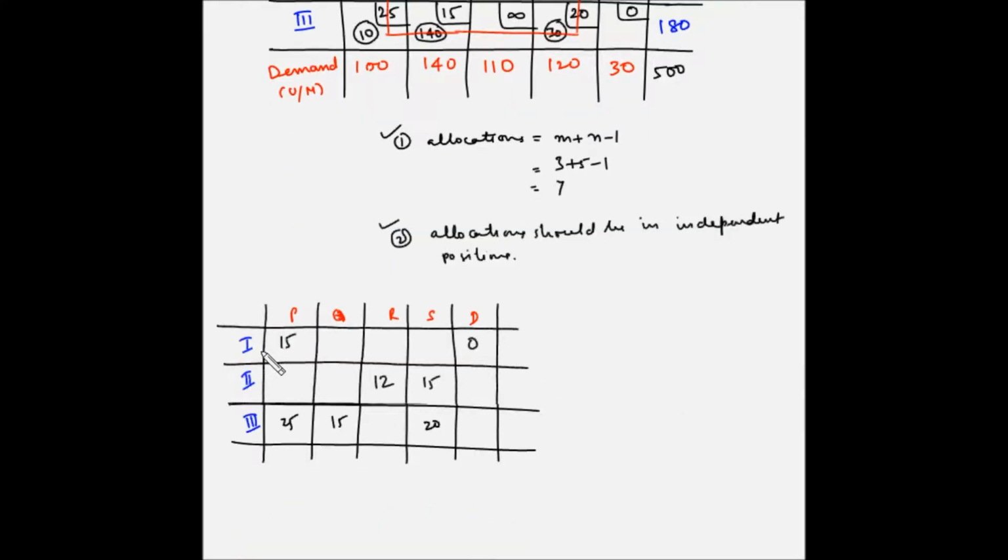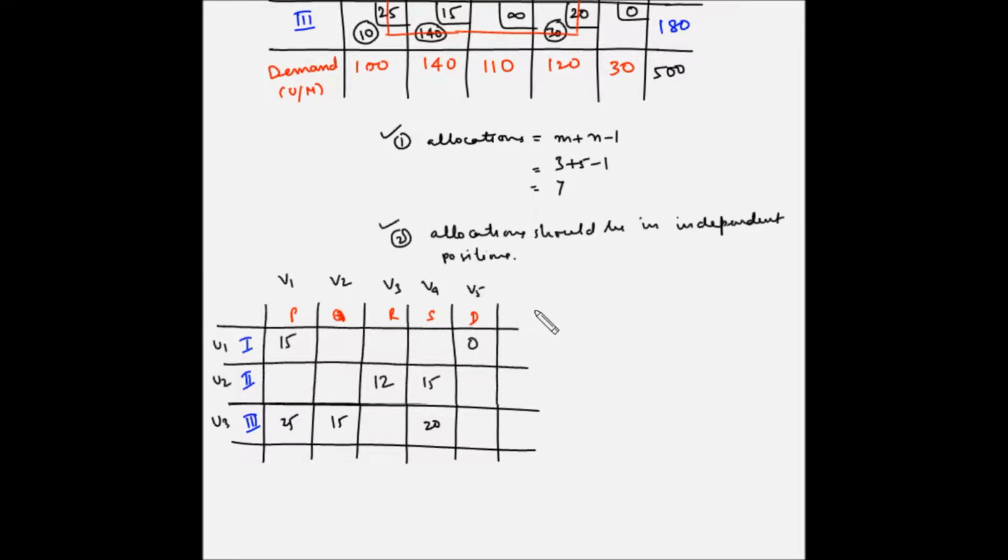Now the next step is to assign the variable ui to each of the rows and vj to each of the columns. So u1, u2, u3, and v1, v2, v3, v4 and v5.